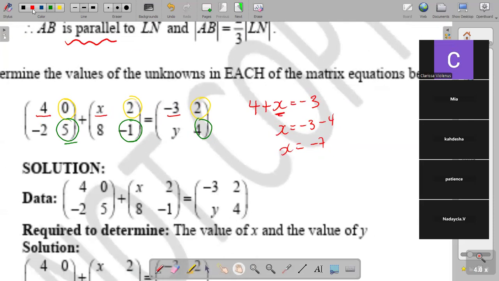We do the same thing. We say what? Negative 2 plus 8 is equal to y. So negative 2 plus 8 is equal to y. So what is y? How I get 5? When the signs are different, you subtract, your answer takes the sign of the bigger number. Y ain't 6. If you got it, you got it.